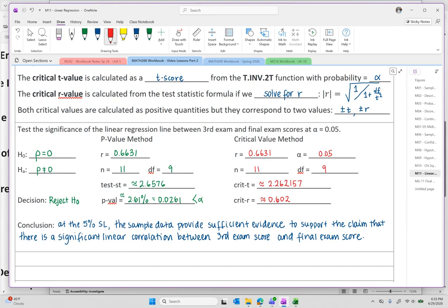Therefore, since my r is greater than the critical r, I have evidence to reject the null hypothesis, and at the 5% significance level, I also have evidence to support the claim that there is a significant linear correlation between the third exam score and the final exam score.